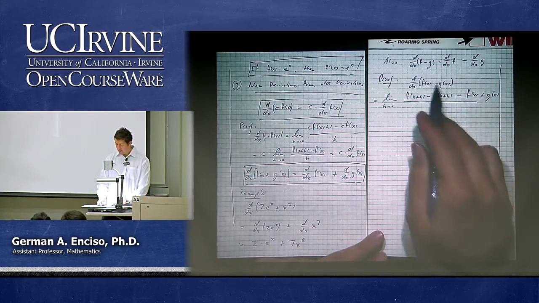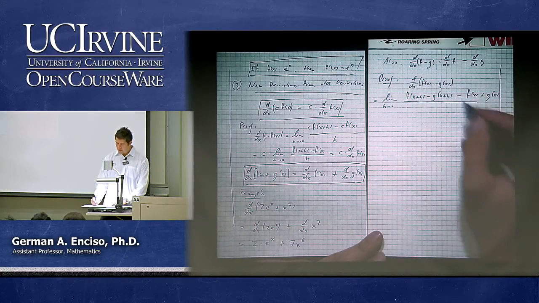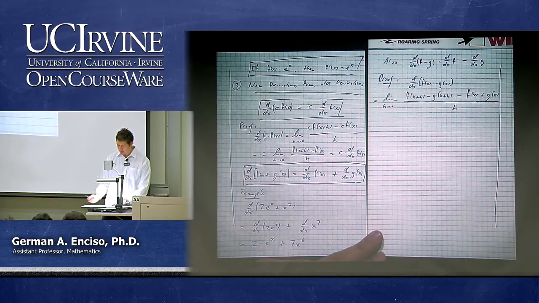Why did this minus turn into plus? Because it was a minus inside of a parenthesis. Okay, the whole thing divided by h.